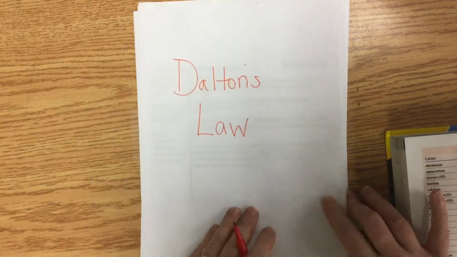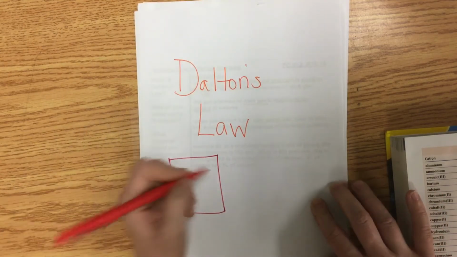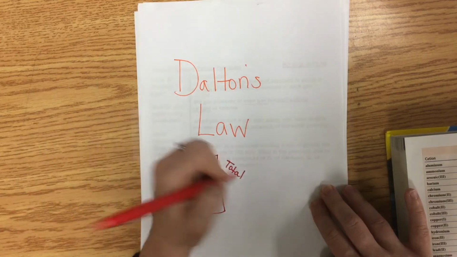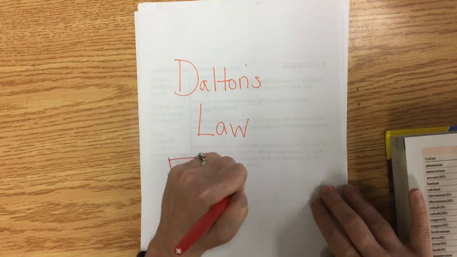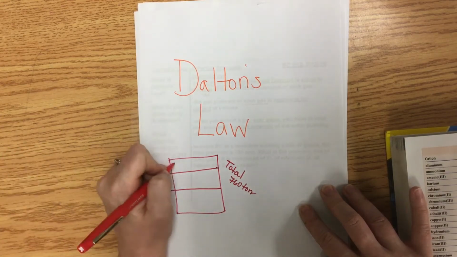And so if we think about a container, and if we know that the total pressure of the container is 760 torr, and they tell us that there are three gases in the container.